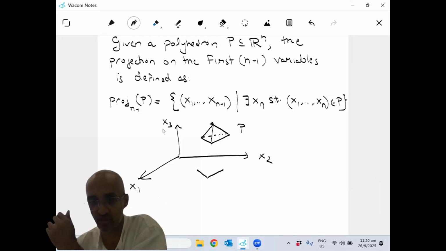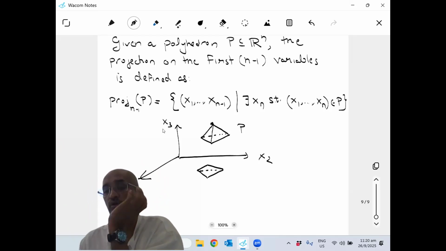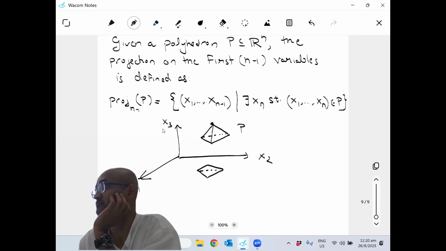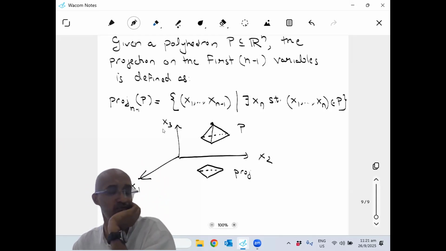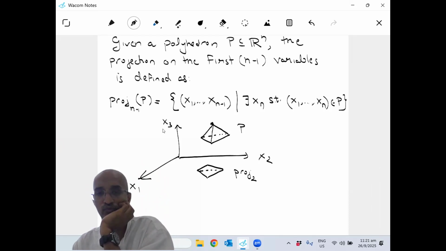So it will squash. I mean, hopefully you can visualize this, but there'll be some squashed form of this top part. Okay, and this third side will be within this region. Okay, so this is the projection onto the first two variables of P.